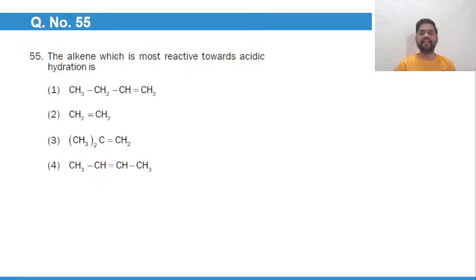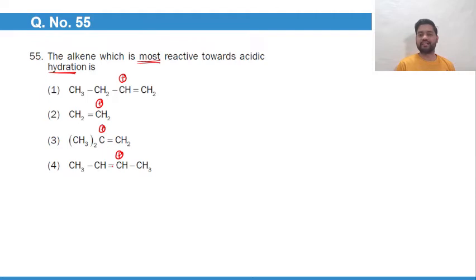55. The alkene which is most reactive towards acidic hydration. If you know about acidic hydration, guys, the first step is the formation of carbocation. So the more stable the carbocation is, the more reactive that alkene will become. In this alkene, if I form a stable carbocation, it will be over here, because they both are same.